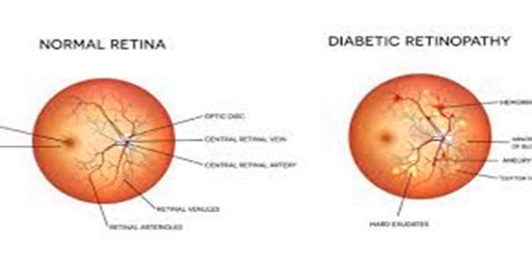This imaging test provides cross-sectional images of the retina, helping to detect fluid buildup and retinal swelling. Fluorescein angiography. A dye is injected into a vein in the arm, and photographs are taken as the dye circulates through the blood vessels in the eye. This test helps to identify blood vessel leaks, blockages, or abnormal growth.